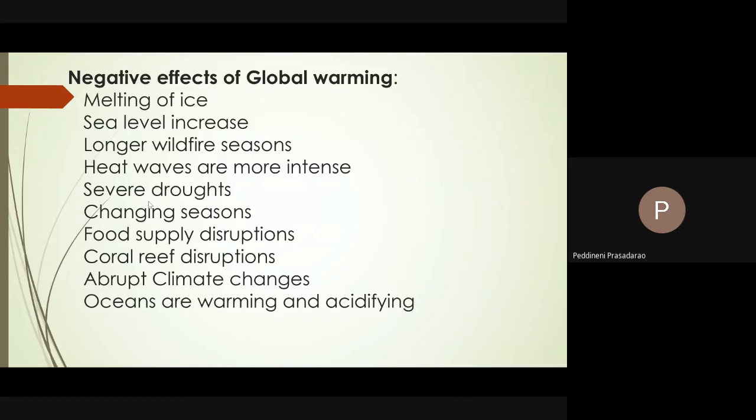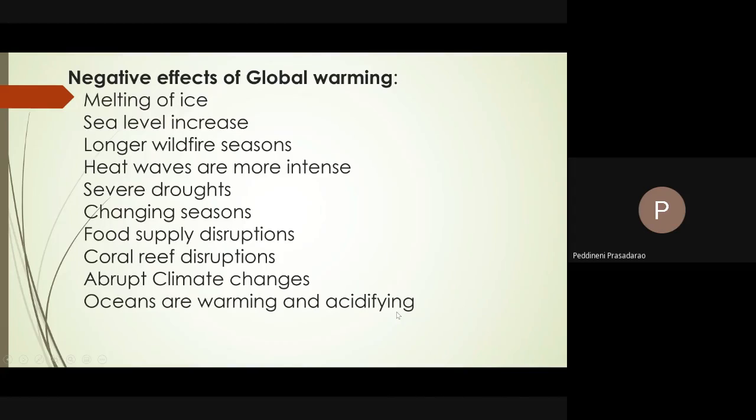The negative effects include melting of ice, sea level rise, longer wildfire seasons, more intense heat waves, severe droughts, changing seasons, food supply disruptions, coral reef disruptions, abrupt climate changes, and oceans warming and acidifying.